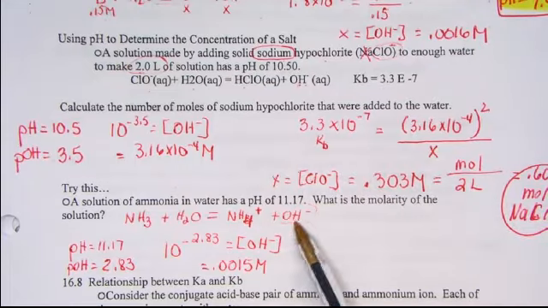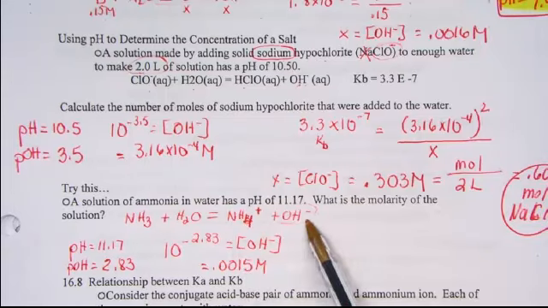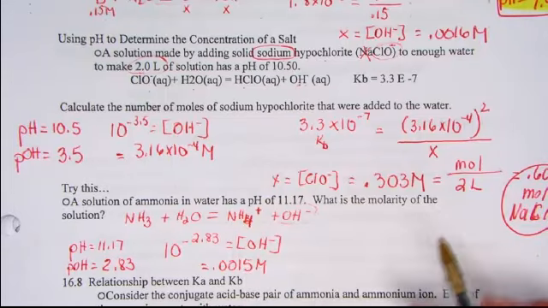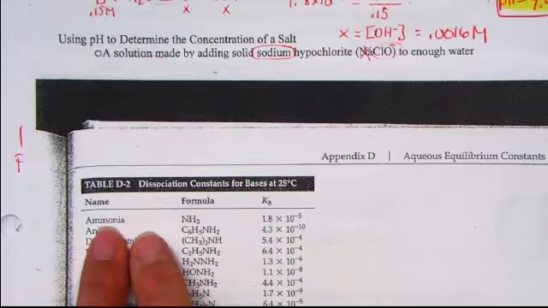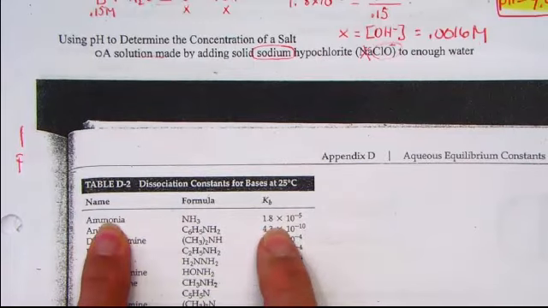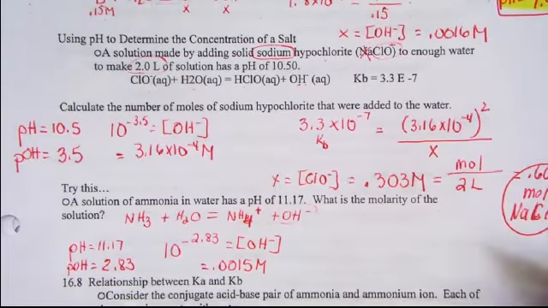The concentration of hydroxide is also that of the ammonium. The conjugate acid and conjugate base are equivalent values. Now we'll need a Kb, not provided, so we go to work and just look it up. 1.8 times 10 to the negative fifth, the Kb for ammonia.